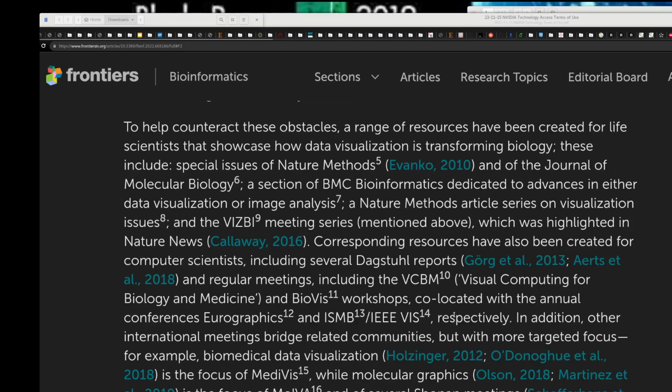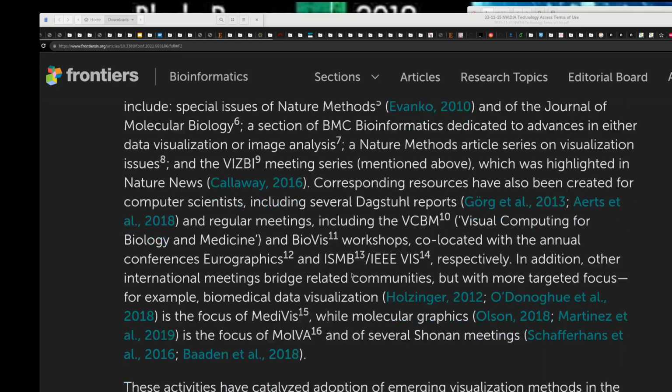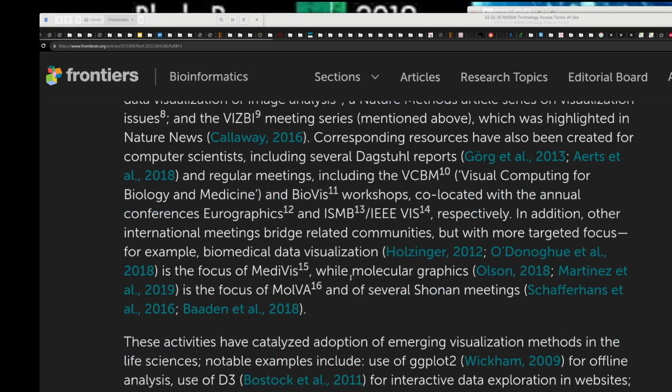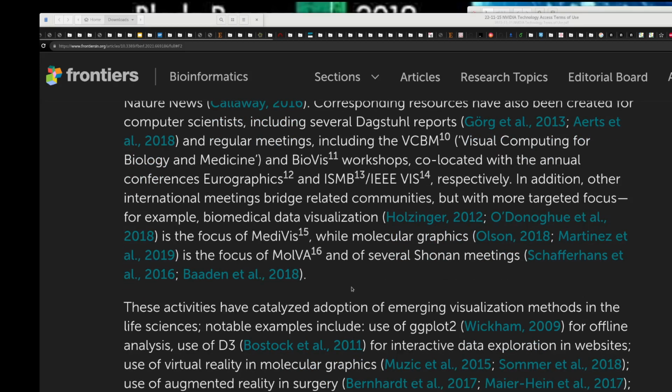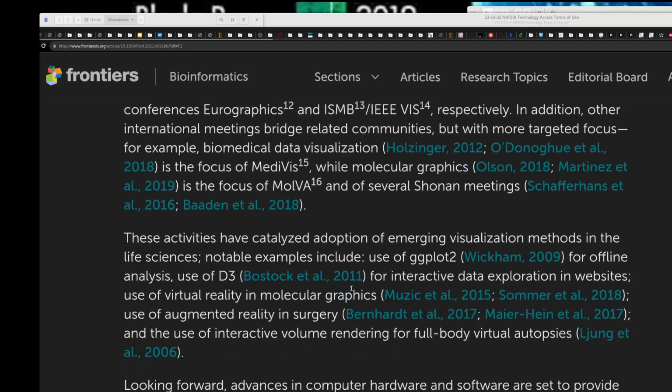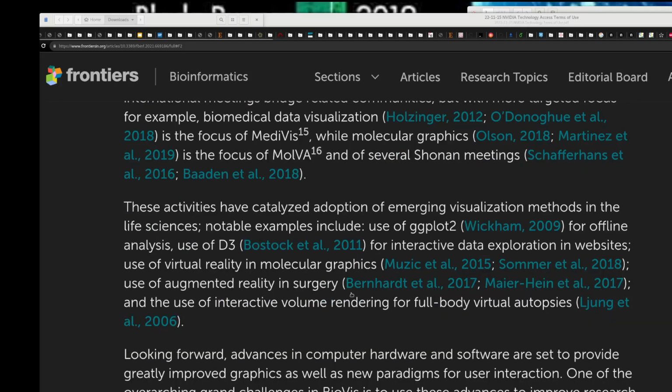In addition, other international meetings bridge related communities, but with more targeted focus. For example, Biomedical Data Visualization (Holzinger 2012, O'Donoghue et al. 2018) is the focus of MediVis (15), while Molecular Graphics (Olson 2018, Martinez et al. 2019) is the focus of MAVA (16) and of several Shonan meetings (Schafferhans et al. 2016, Bodden et al. 2018).